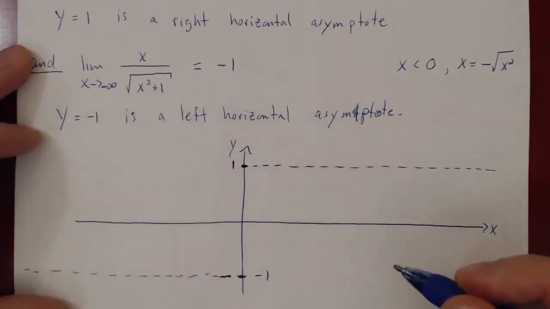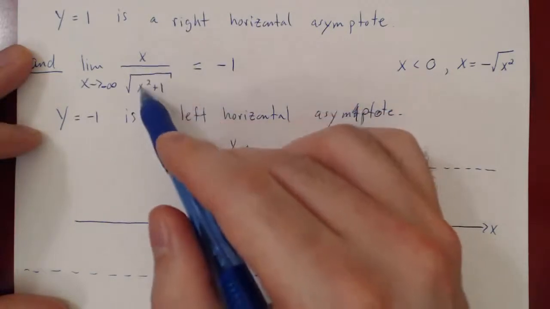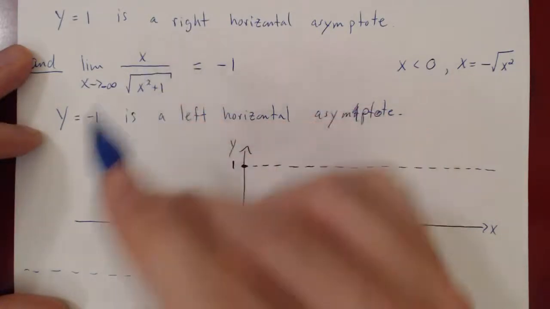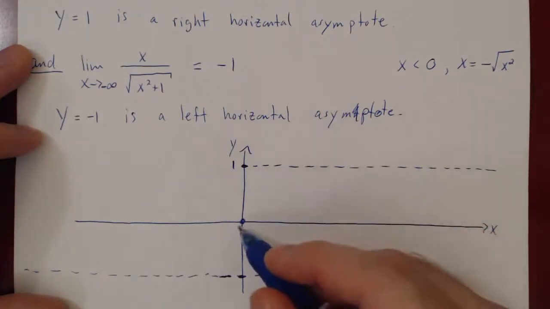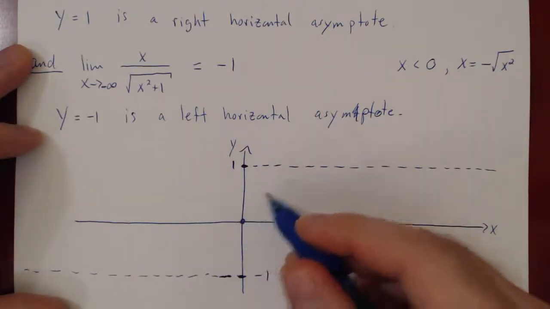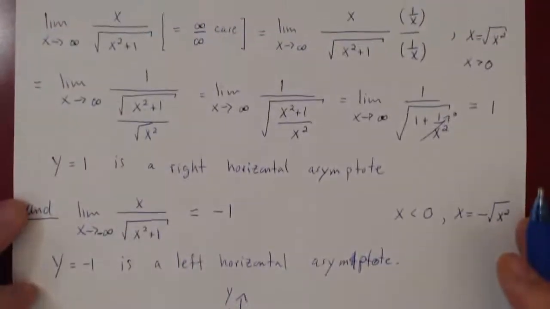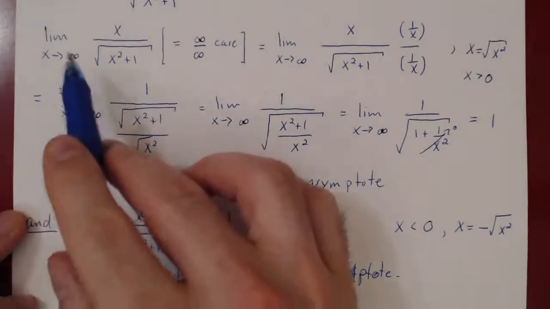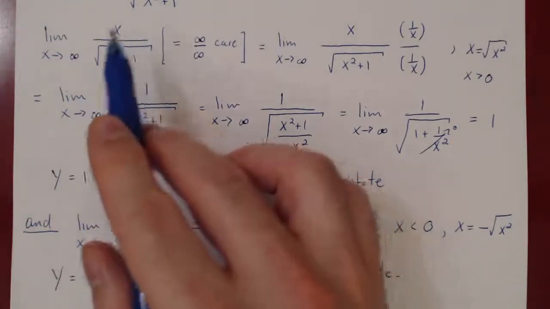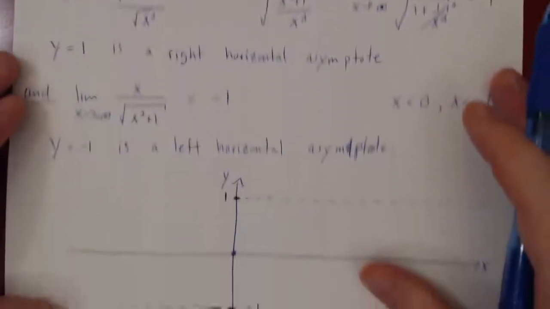And now let's produce a very rough sketch of this function. When x is 0, you have 0 over the root of 1, which is 1, so you get 0 over 1, which is 0. And we don't really know what's happening here, but we know that when x becomes bigger and bigger, positively, the y values will become closer and closer to 1.